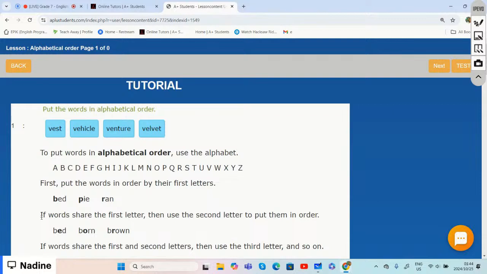Which means that you look at the first letter. If it's the same, you go to the second letter. If that's the same, you go to the third letter and so on, up until you're able to see which word comes first.